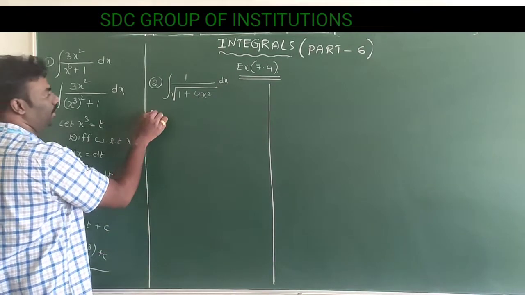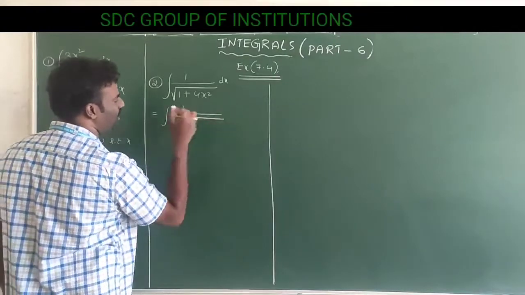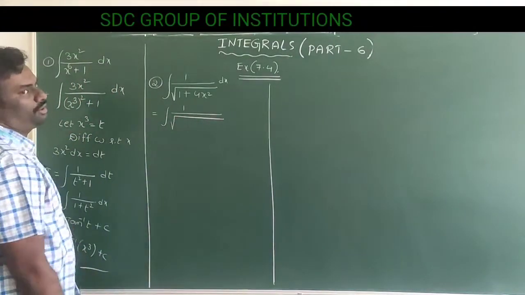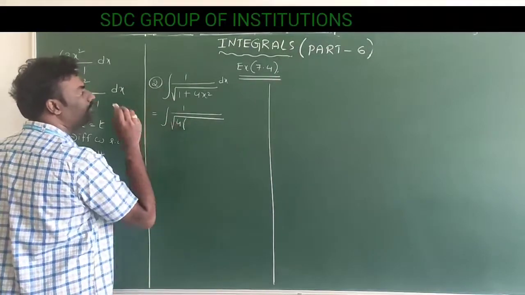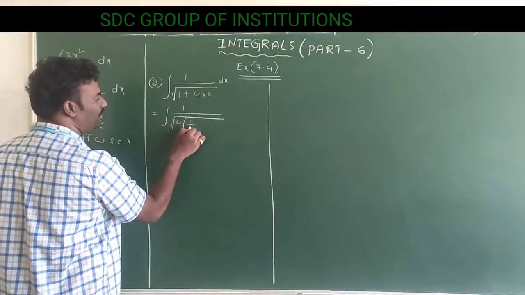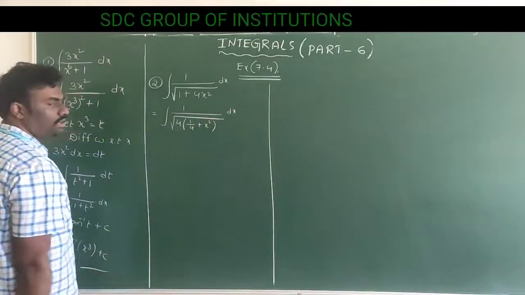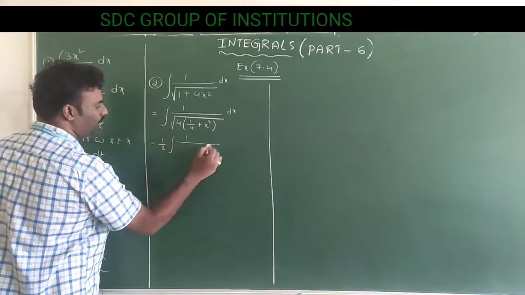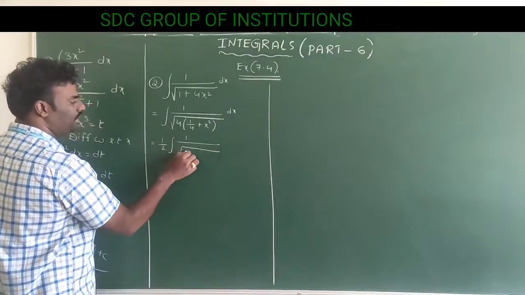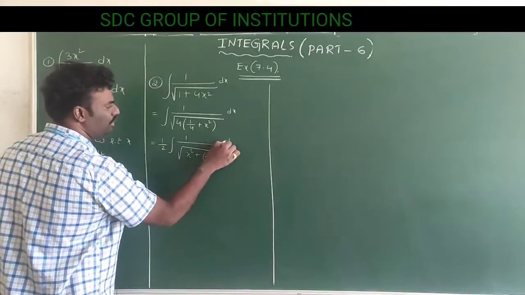Okay, that equals 1 by under root of, you can take 4 common or you can take 2x whole square also. I will take 4 common. Now 1 by 4 plus x square dx. If 4 comes outside it becomes 2. 1 by under root of x square plus 1 by 4, which can be written as 1 by 2 whole square.